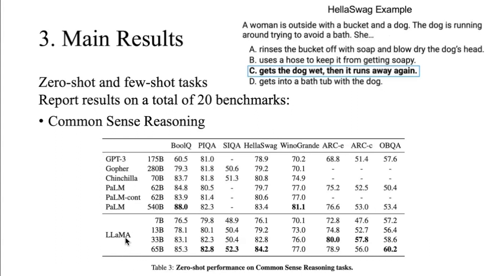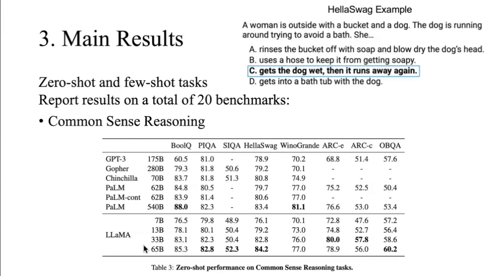Then LLaMA is compared to GPT-3, Chinchilla, Pathways Language Model, etc. At the 65 billion level, LLaMA can beat the state-of-the-art performance at that time. I say at that time because the development is pretty fast.